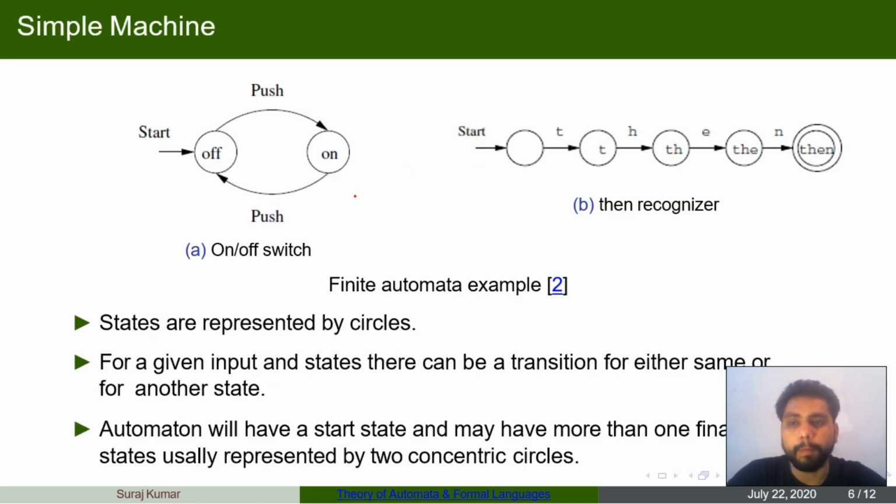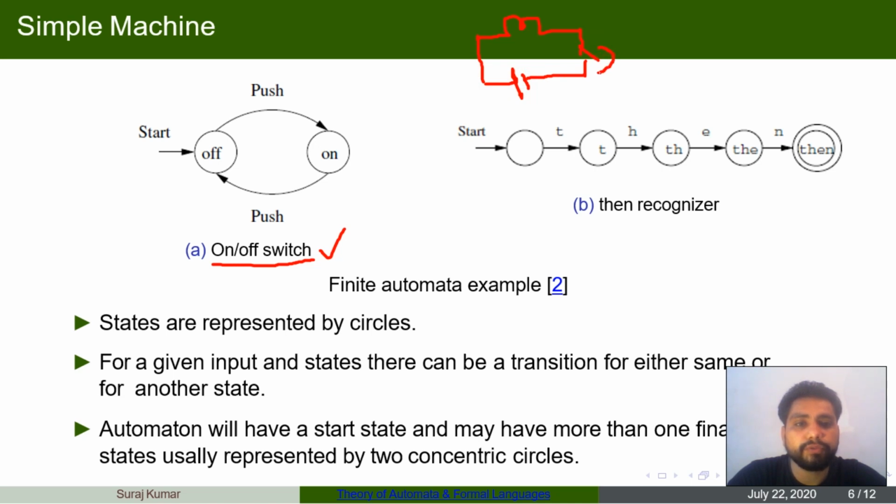No problem, so let's begin with a simple machine: the on off switch. This is an activity you have already performed in high school. There is a bulb connected with a circuit and a switch, which is also connected to a battery that will glow the bulb.